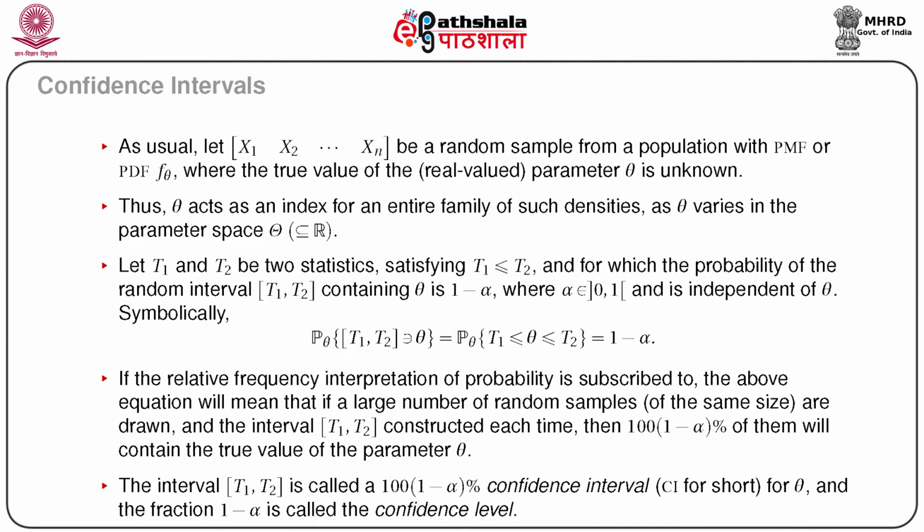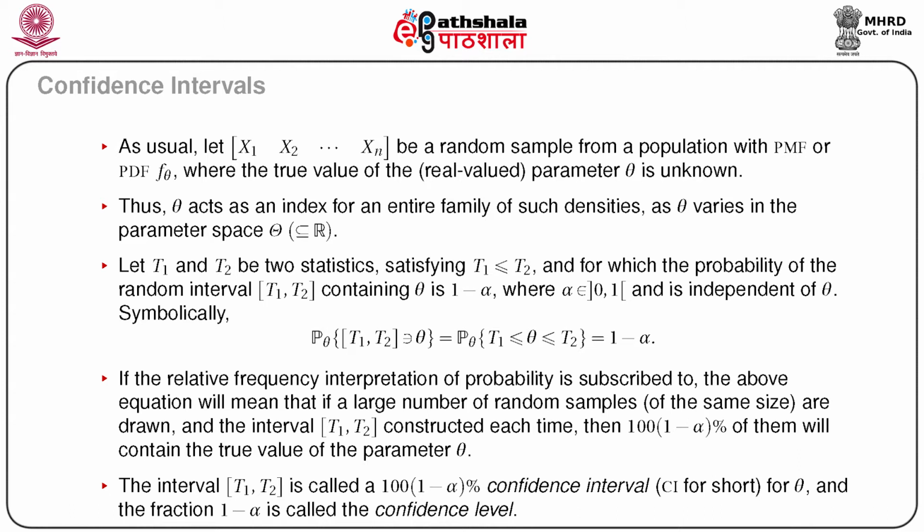This means that if a large number of random samples of same size be taken and the intervals as mentioned above be determined on the basis of this sample, then 100 × (1 − alpha) percent of these intervals will include the true value of the parameter theta.